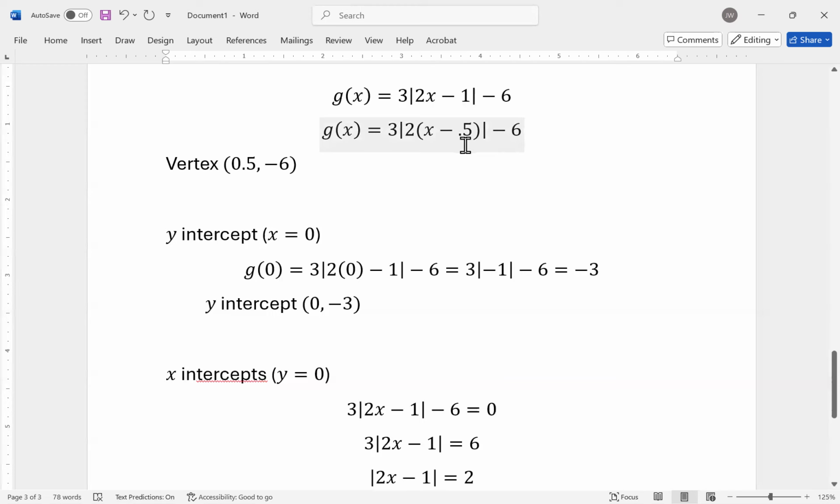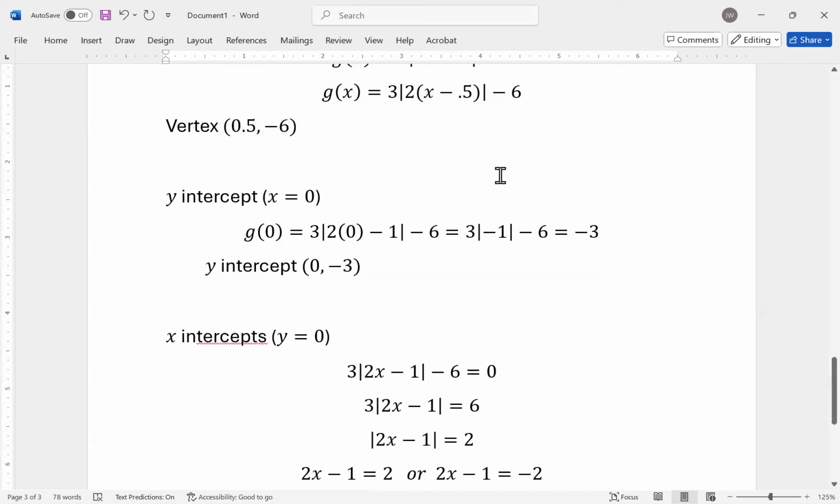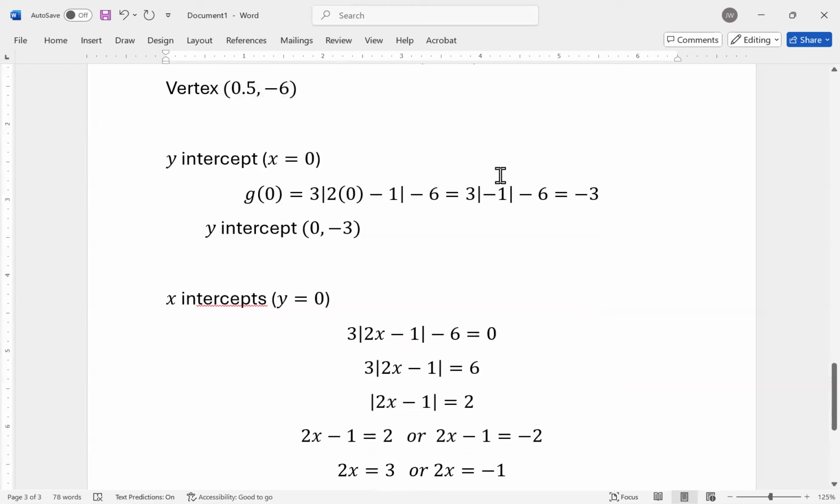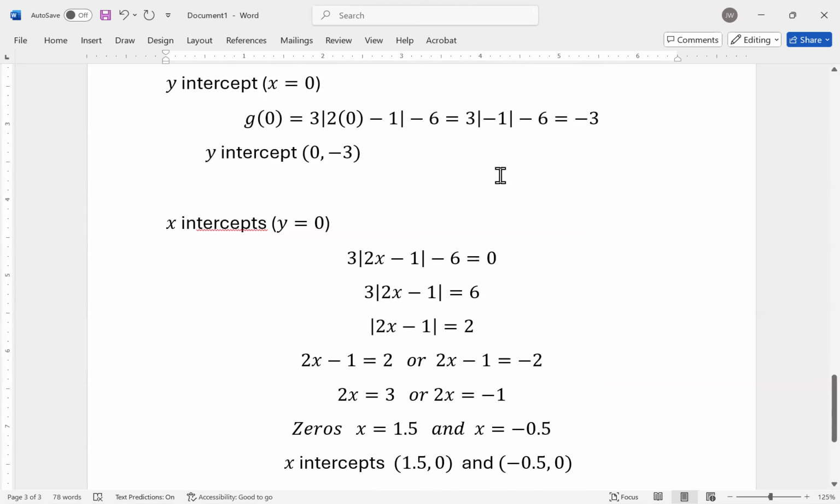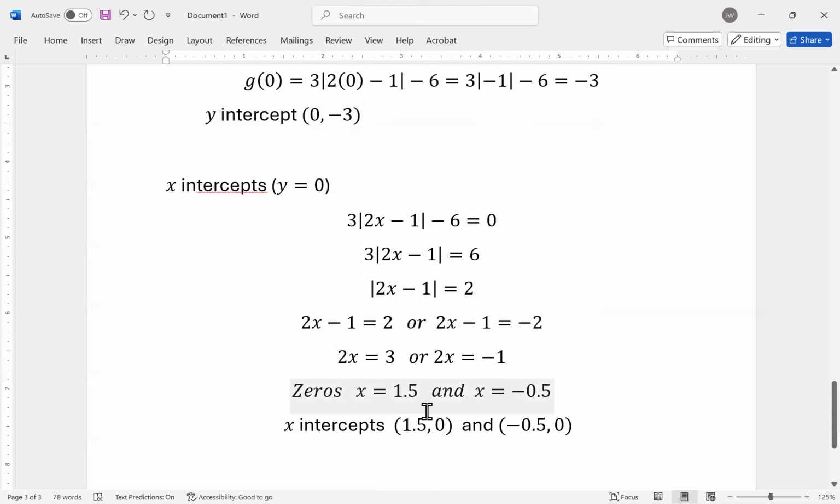So that's a shift to the right of 0.5 and a shift down of 6. So that's why the vertex looks the way it does. Again, on this section, the important parts were finding the y-intercepts, the y-intercept singular, and finding the x-intercepts, in this case, plural.